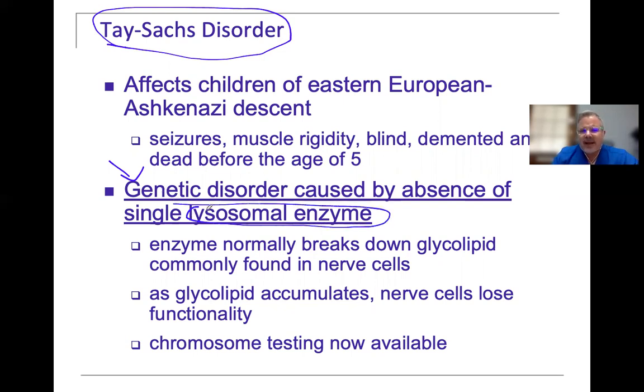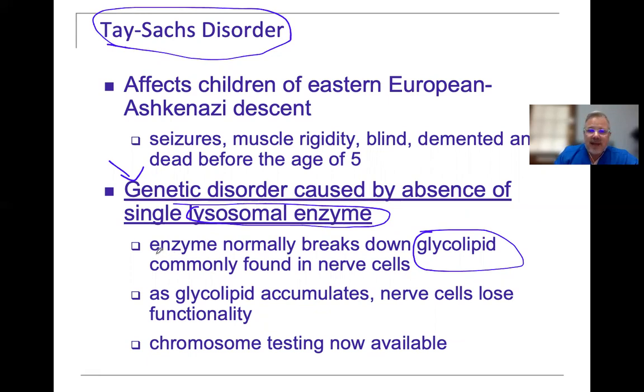But with Tay-Sachs, there's this glycolipid that is wrapping around these structures, and these glycolipids are accumulating without the digestive enzyme or the lysosomal enzyme that's needed to try and break some of them down.